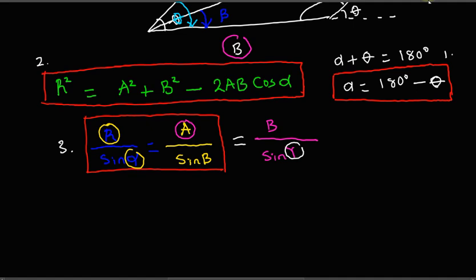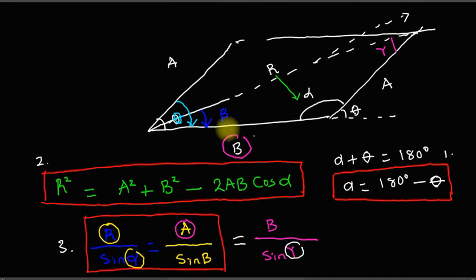Now, most of you, after I teach theory and concepts, you don't know how to apply it. You don't know how to apply the formula. Let me tell you, A and B are vectors. So they can give you, say, 50 Newton and 30 Newton, like in our previous example. So let's say A is equal to 50 Newton, B is equal to 30 Newton, and let's say the angle is 60 degrees.